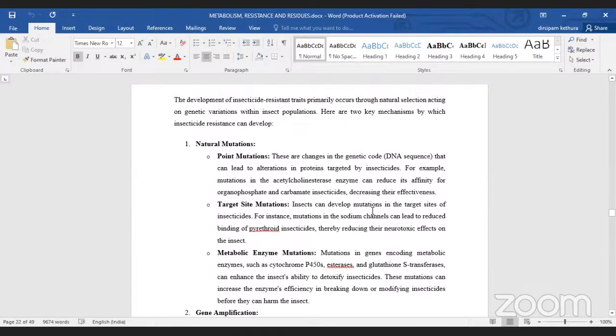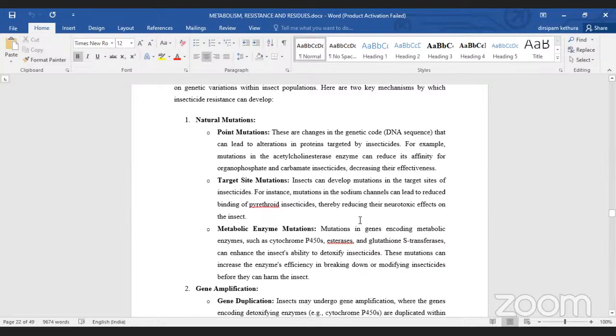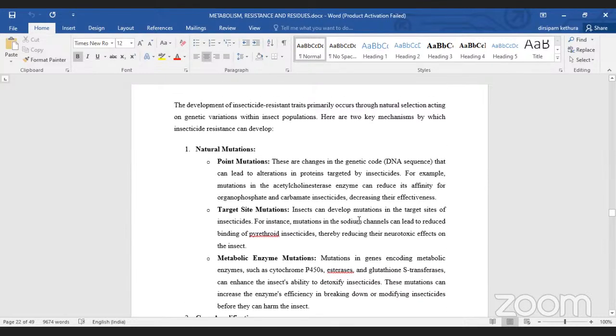So coming to the insecticide resistance: it means developing resistance towards the insecticides by the insects or the pests. This can occur by different methods. The first one is natural mutation, and the second one is gene amplification. What is natural mutation?